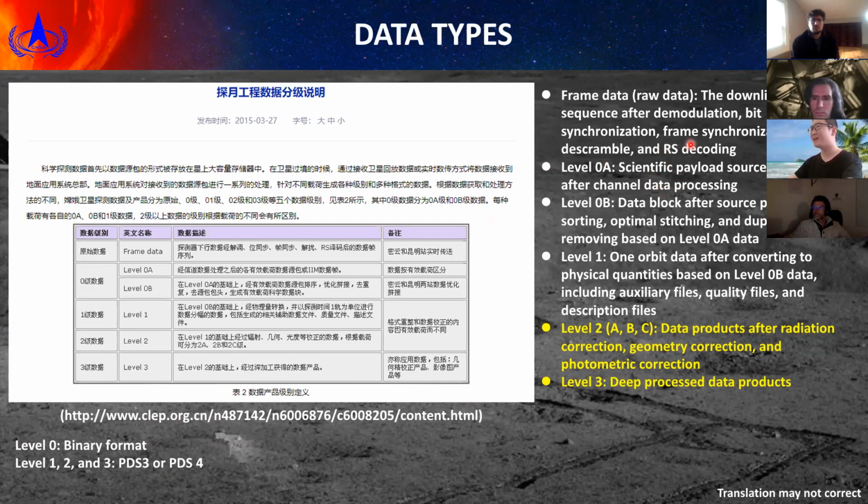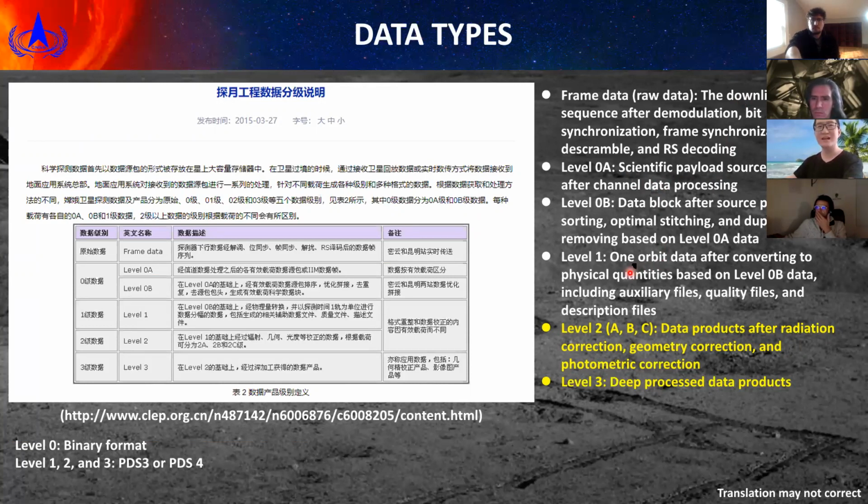Generally, Chinese data can be classified into 5 types: raw data, level 0, level 1, level 2, and level 3 data. The raw data is the direct downlink data from the spacecraft, and level 0 data is also still very raw. From level 1 data, they are converted to physical quantity values.